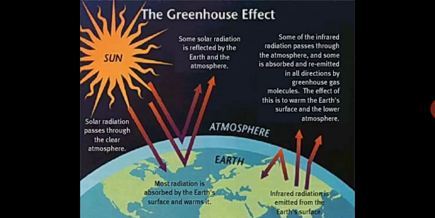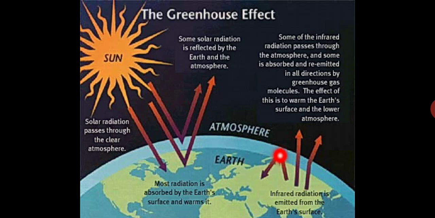So here this picture shows the greenhouse gas effect. You can see the solar radiation passes through the clear atmosphere since it has the shorter wavelength. A portion of the radiation coming to the Earth's surface is reflected at the atmosphere itself by dust particles and other suspended particles. This is the radiation after reflecting from the Earth's surface, having higher wavelength, that is, sorry, infrared radiation.